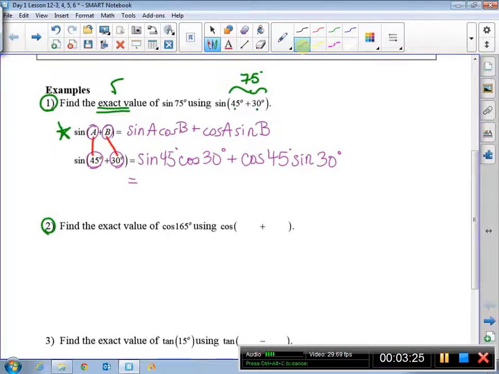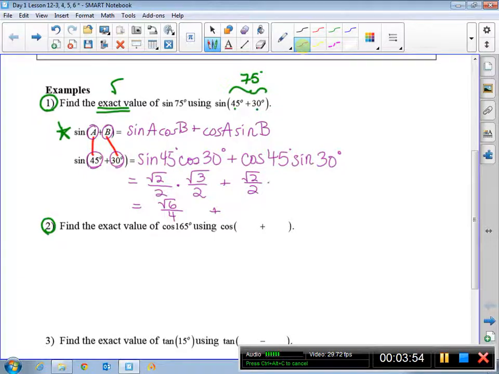That would be great. The sine of 45 is the square root of 2 over 2. The cosine of 30, square root of 3 over 2, plus, now we're multiplying those, so I can see right away I'm going to get square root of 6 over 4. And over here's cosine of 45.